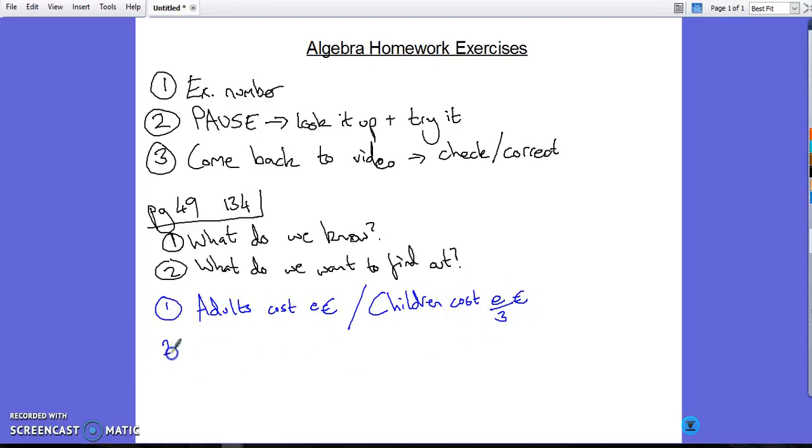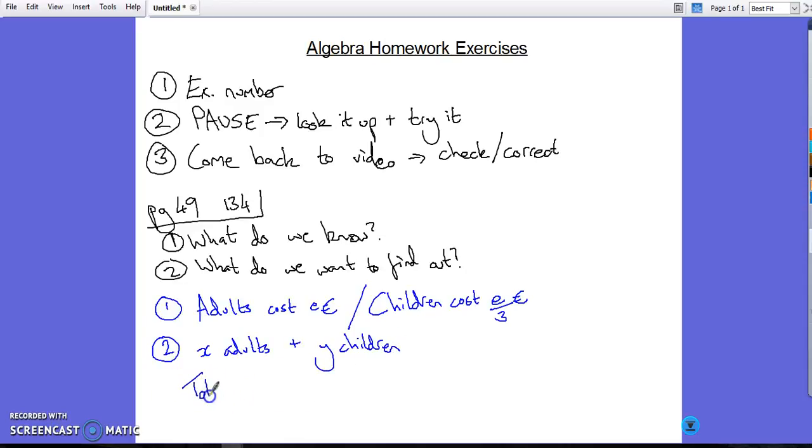What do we want to find out? Number 2 is actually just the second sentence or question in this exercise. What's the daily income for X adults and Y children?